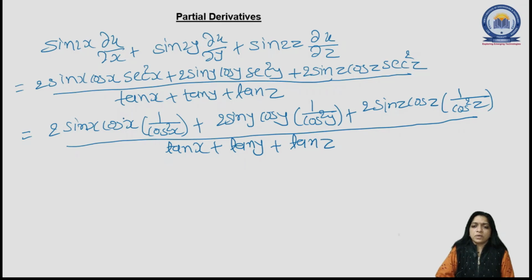Okay, so here one cos x will be cancelled out, one cos y, and the same for one cos z. So the remaining term is sin x upon cos x, that is 2 tan x.